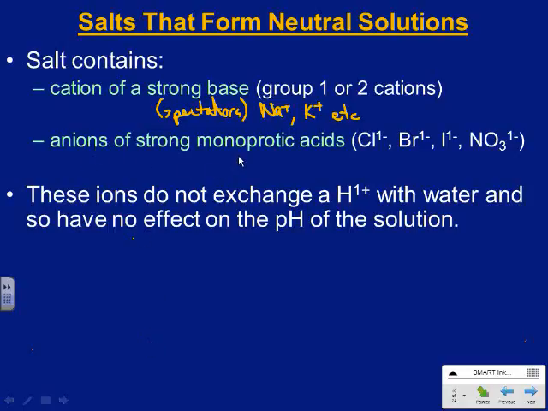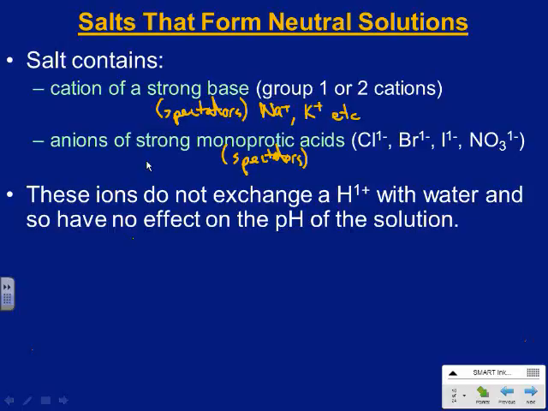Anions of strong acids. We already encountered those as well. I've already taught you that those guys also make spectators, right? If they're from strong acids, these are also spectators. They do nothing. Why? Because they came from a strong acid. I always want you to think, when you encounter ions, think about where they came from.